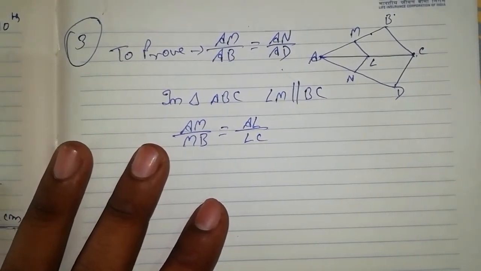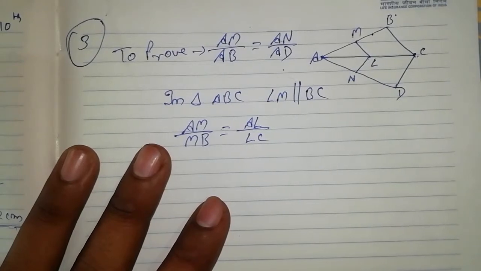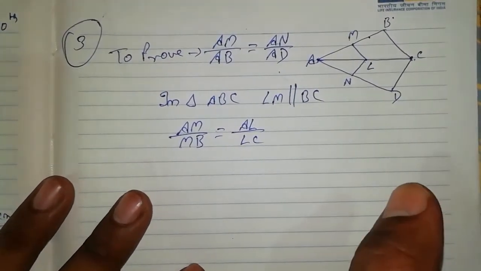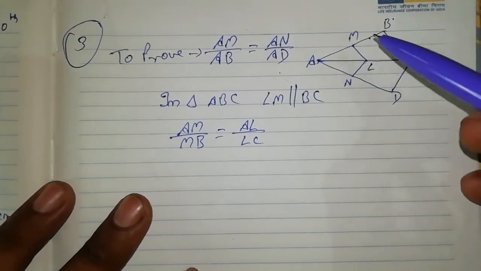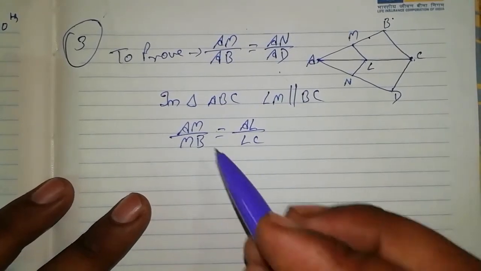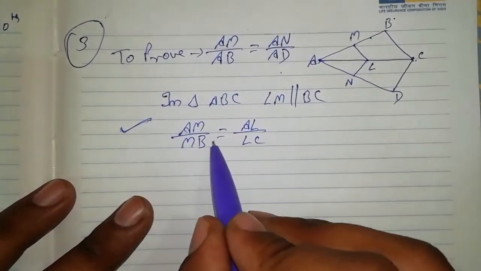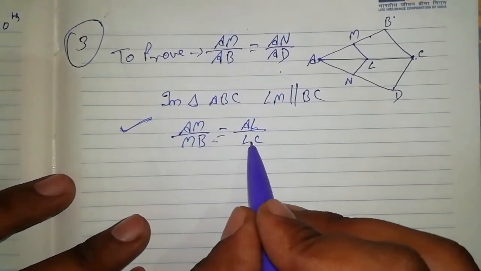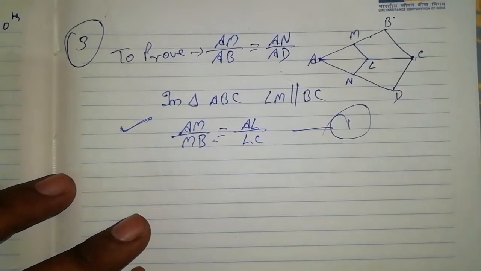In our previous video I told that we can take any ratios because all the proportions are equal whenever the triangle is similar or a line is parallel to any side of the triangle. So from here we have our first equation.